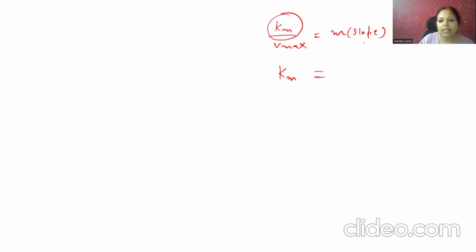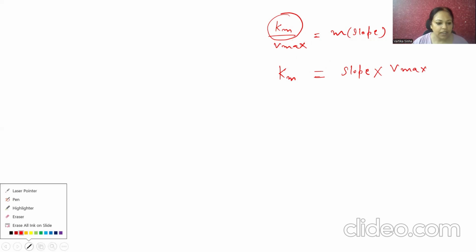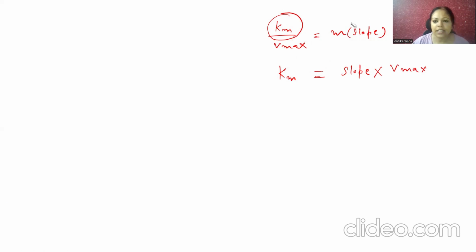So it will be equal to the slope, or basically m times Vmax. I am not writing slope this time, only m, and we will plug in the values later. So Km will be equal to m times Vmax. That's very clear, right?